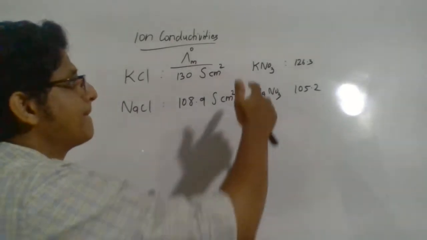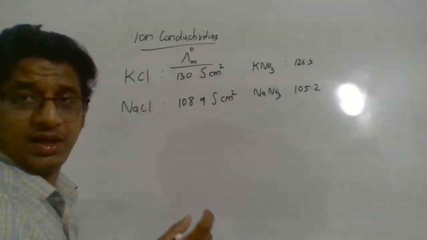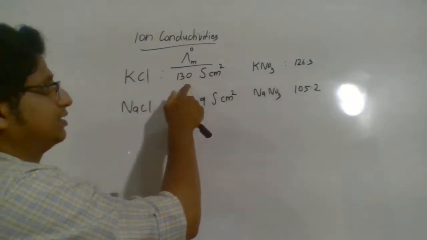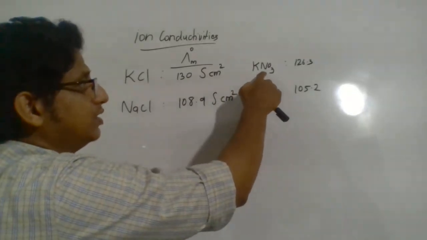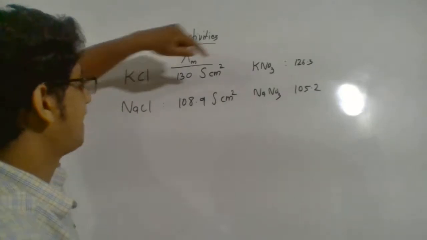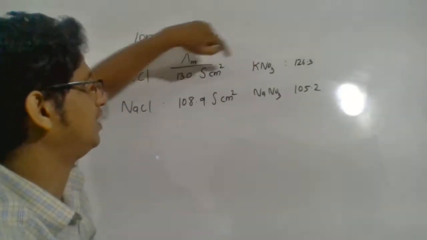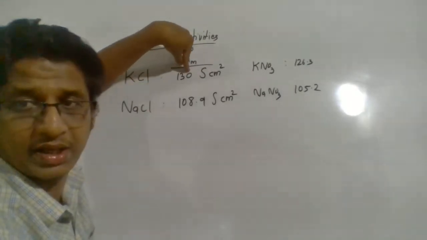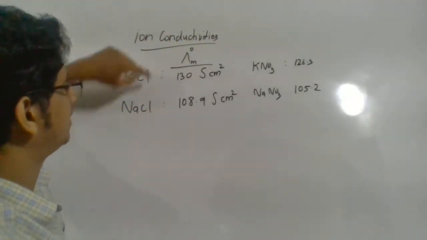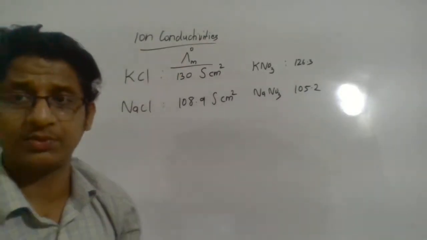But now you can see a change in molar conductivity, KCl is 130, KNO3 is 126.3. That means keeping the cation constant, anion varies, definitely you can see a change in molar conductivity. Keeping anion same and changing cation means again there is a change in molar conductivity.